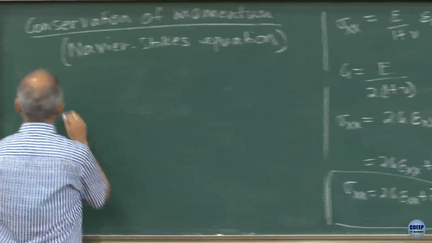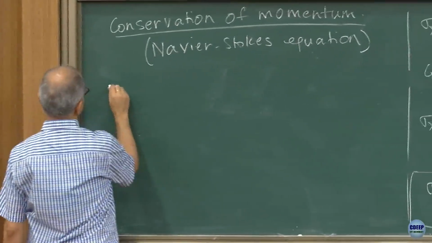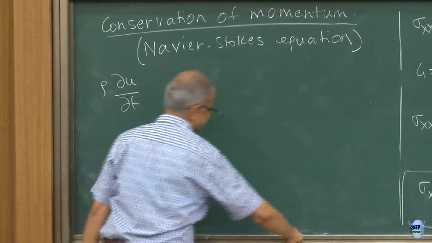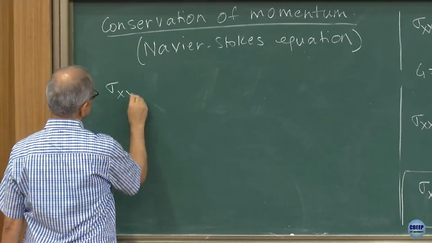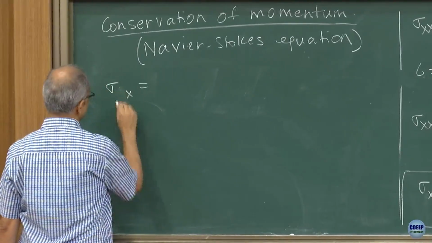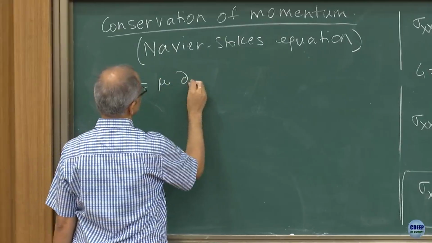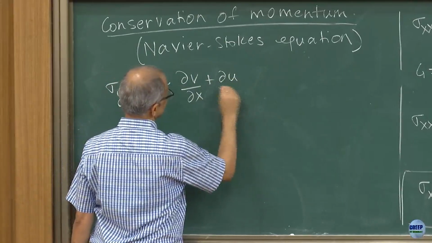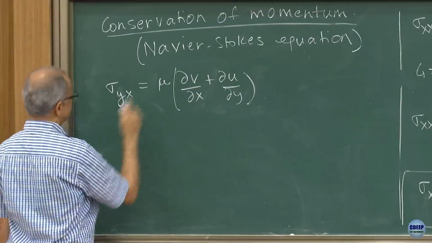Okay, so now we will go to our, oh wow, it's almost time. We will very quickly look at the right hand side first because we don't have time. So we can write out sigma xx as given here, sigma yx as given here, mu times dou v dou x plus dou u dou y.